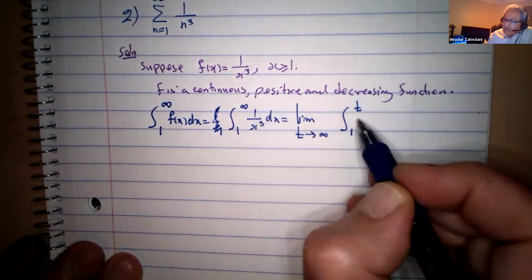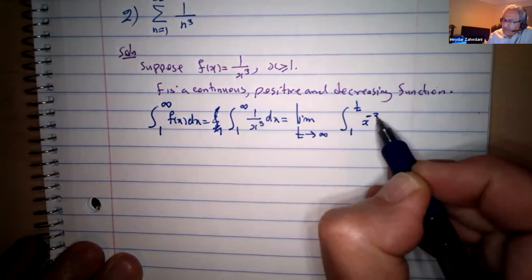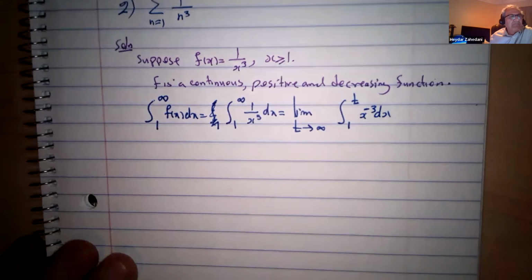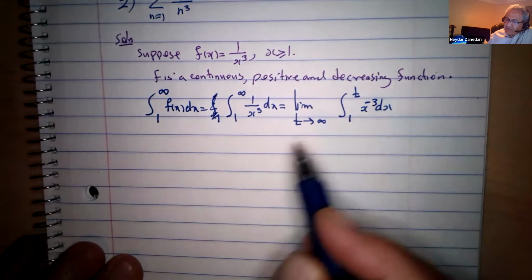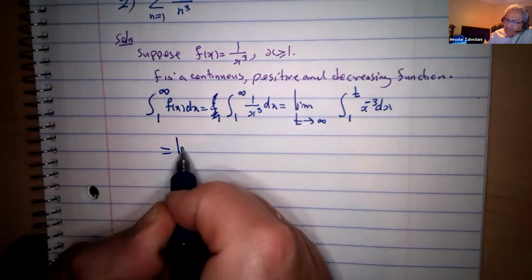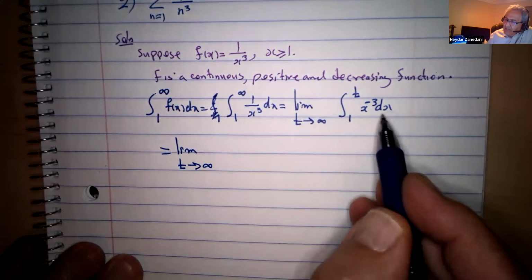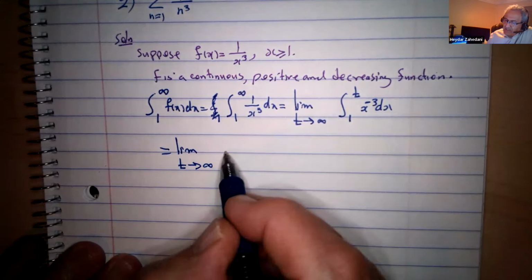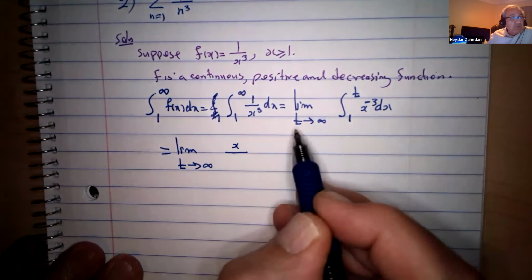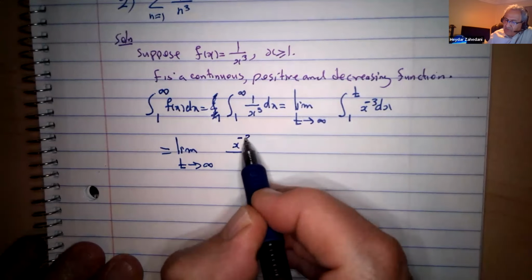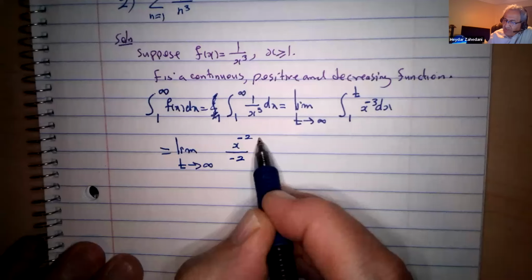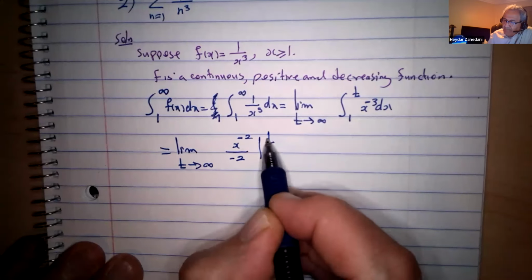You move this one up to integrate it, so that's the integral of x to the -3. And this integral is going to be what? X to the -3 plus 1, which is -2, over -2, to be evaluated from 1 to t.